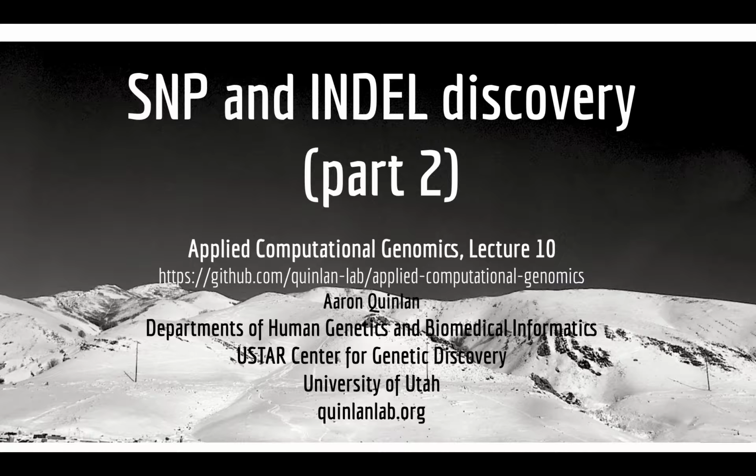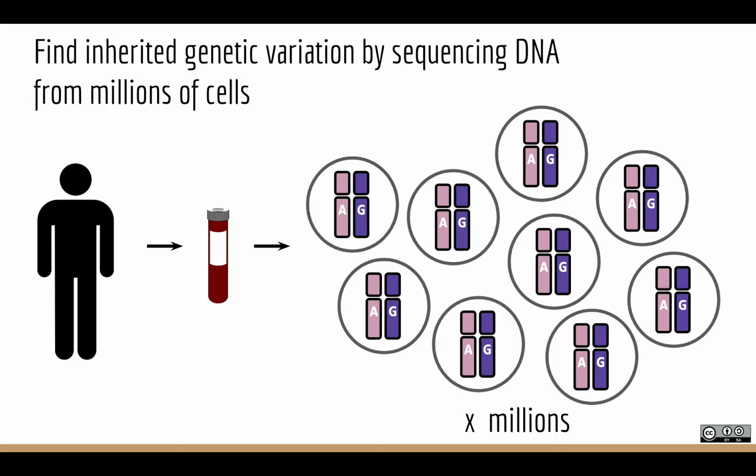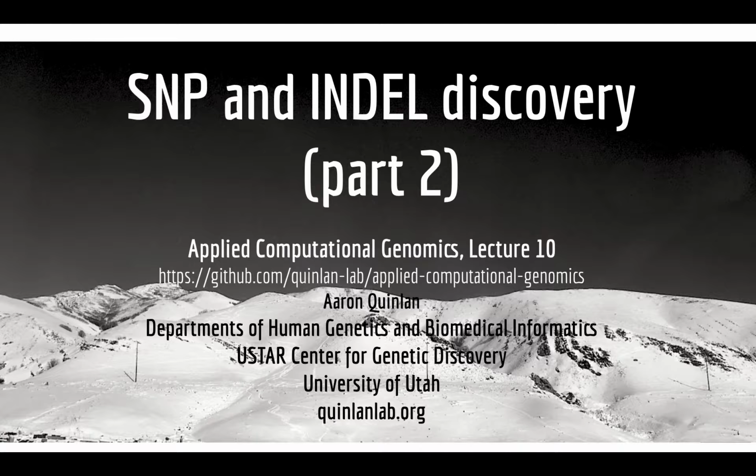We're going to focus on another aspect of SNP and indel calling today. Last time we talked about the basic challenge of distinguishing true genetic variation from sequencing error, given variability in the depth of coverage, given variability in the number of alleles that are observed for one individual.